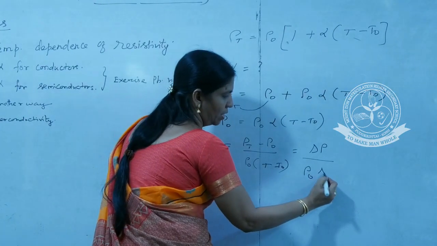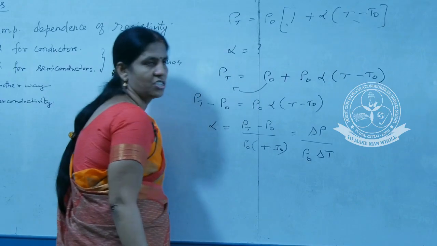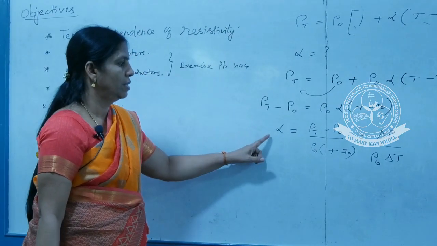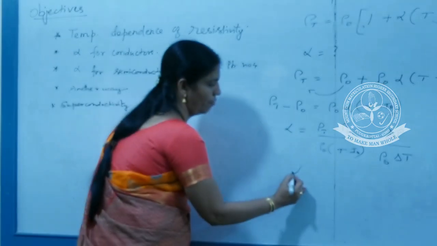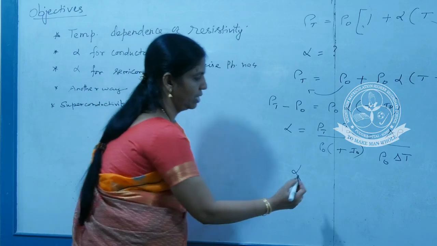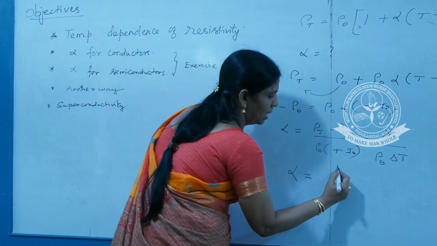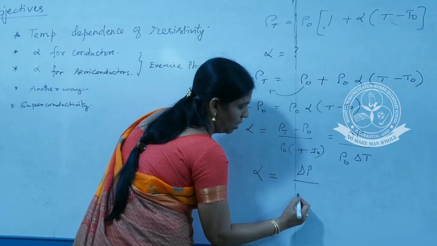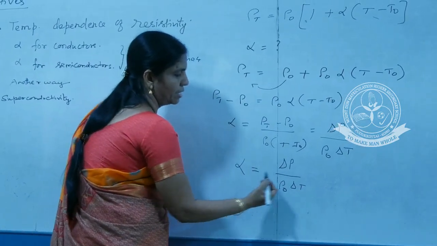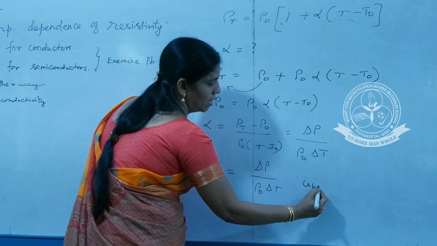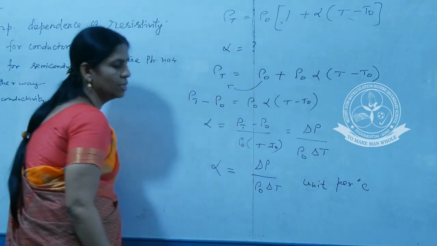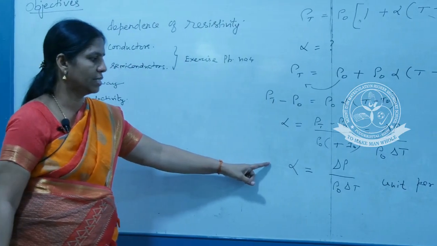T minus T naught is the change in temperature, denoted by delta T. This is the expression for alpha, the temperature coefficient of resistivity: alpha is equal to delta rho by rho naught into delta T, and its SI unit is per degree Celsius.